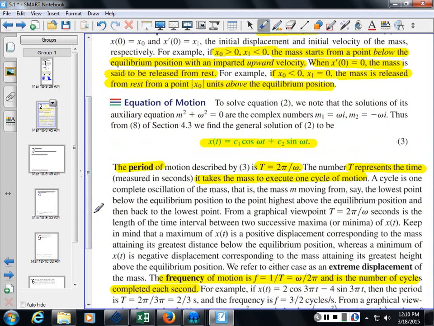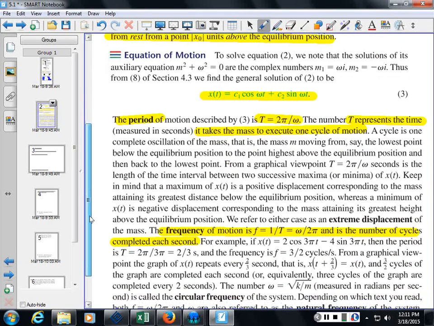Okay. Two things. Talk about the period. The period is given as 2 pi over omega, and that's defined as the time it takes for the mass to execute one cycle. Then the frequency is the reciprocal of that, so 1 over T, or omega divided by 2 pi, and that's the number of cycles completed each second.